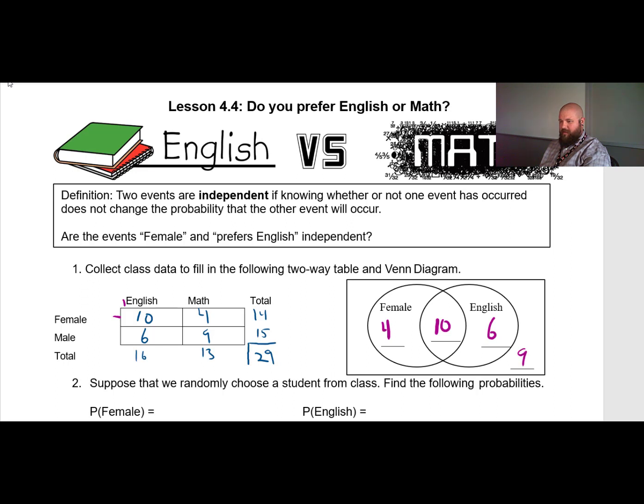Again, you can simply think of this as just not English, and you can simply think of these as not female, okay? Because the main part of this problem is we want to know if female and prefers English are independent. But for right now, we've got the table and the Venn diagram set up.